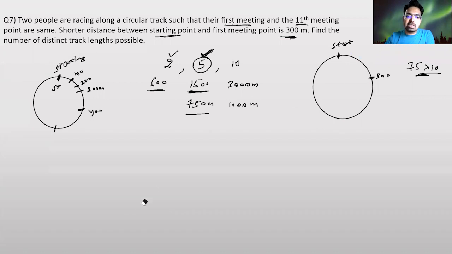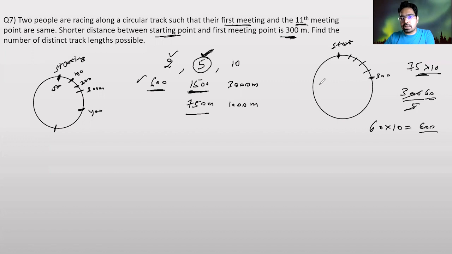We will require 1, 2, 3, and 4. So you will have 5 distinct parts. So 300 divided by 5, each of these parts will be 60. Now, if each of these parts is 60 and you have 10 distinct points, that will make it 600. That length has also been counted.